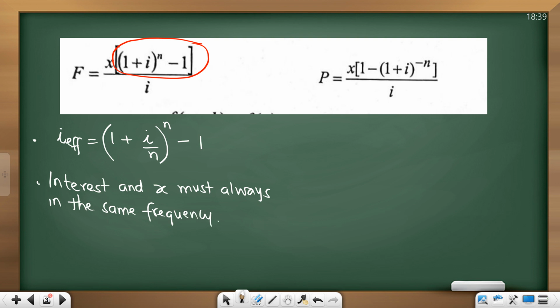I can't be making deposits monthly. If I am paying monthly, then my interest must be monthly. If I'm paying quarterly, then my interest must be quarterly. So when you read financial maths, it's reading. Read in between the lines.